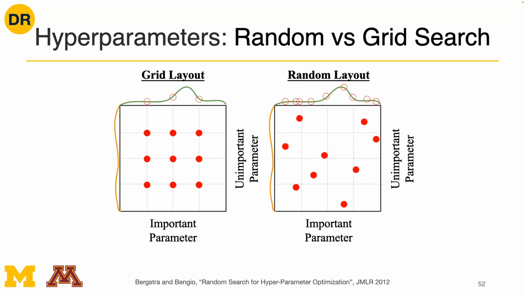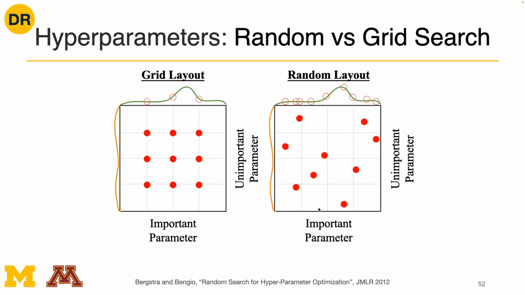So, an additional reason why random search can sometimes be better than grid search is an interesting concept presented in this paper here. It's a conceptual thought experiment: let's say that we have 2 hyperparameters that we're trying to search over.